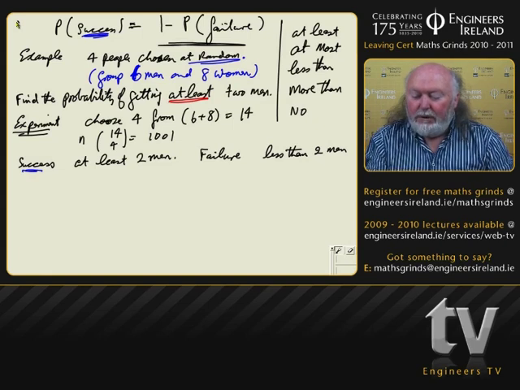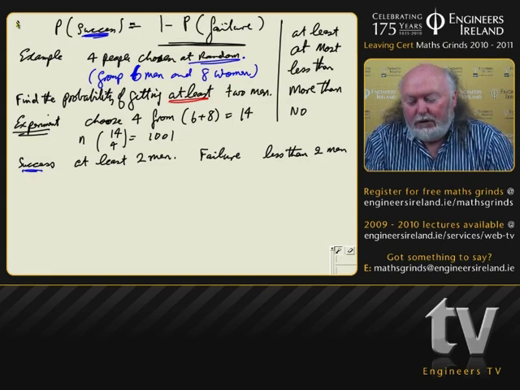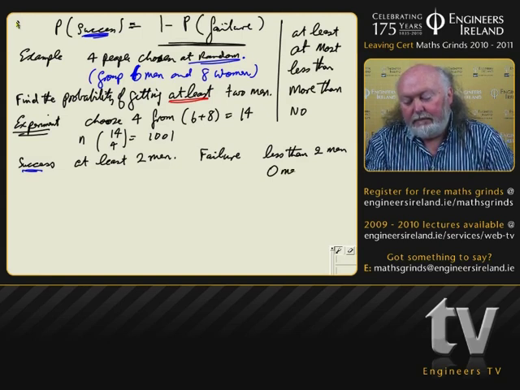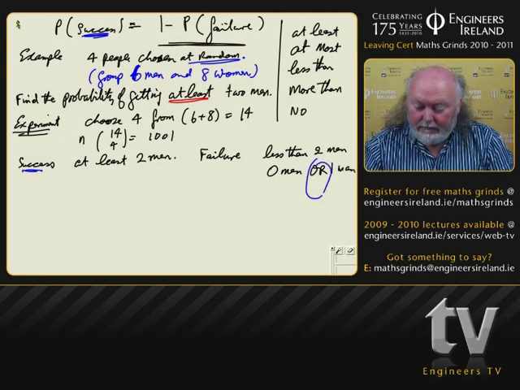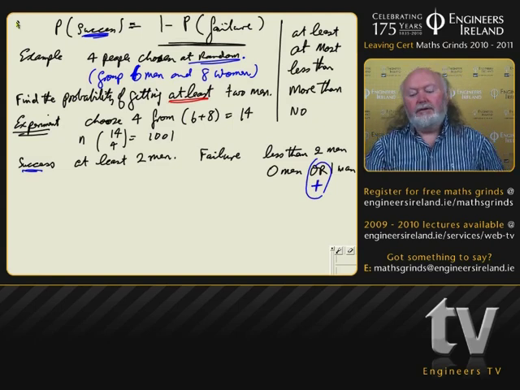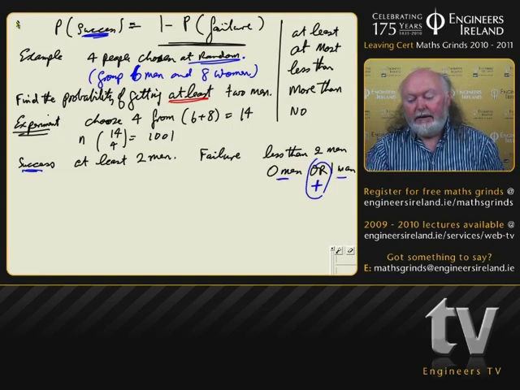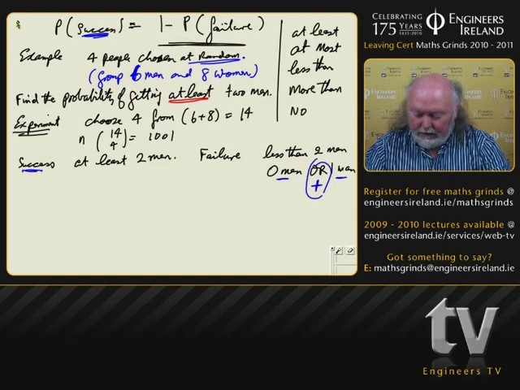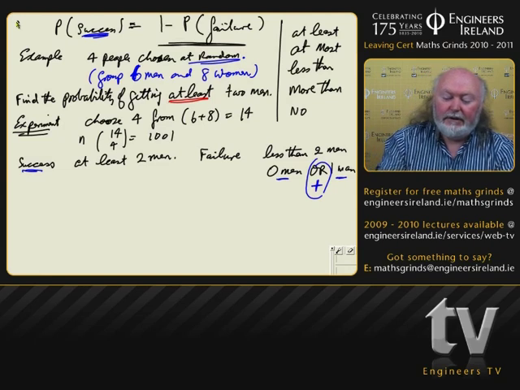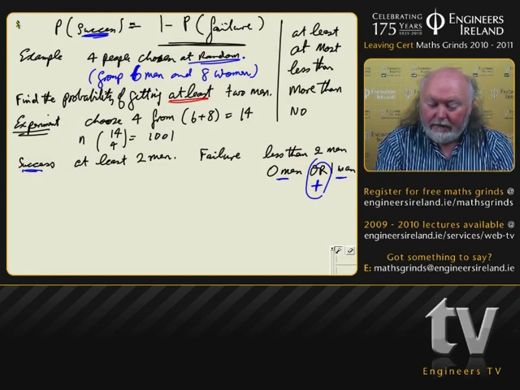So in failure, what are the possibilities of getting less than 2 men? You could get no men or 1 man. Notice the word again. Or means plus. So whatever answer we get from this, we're going to add to the 1 man option. Now, how many possibilities are there of getting at least 2 men? 2, 3, 4.